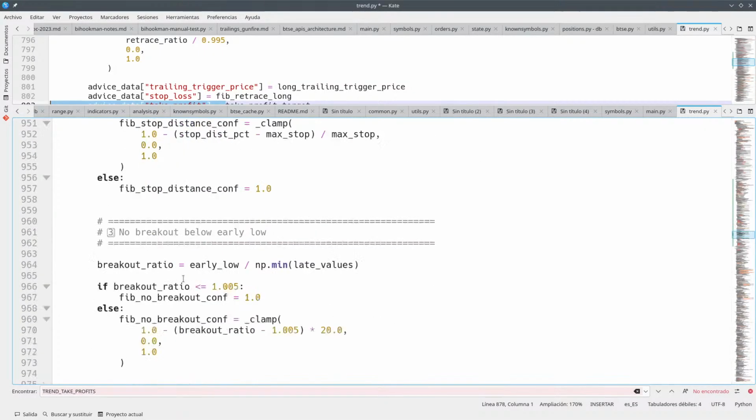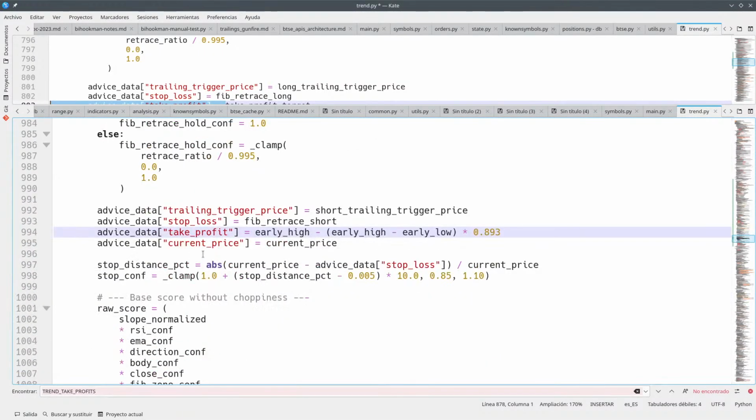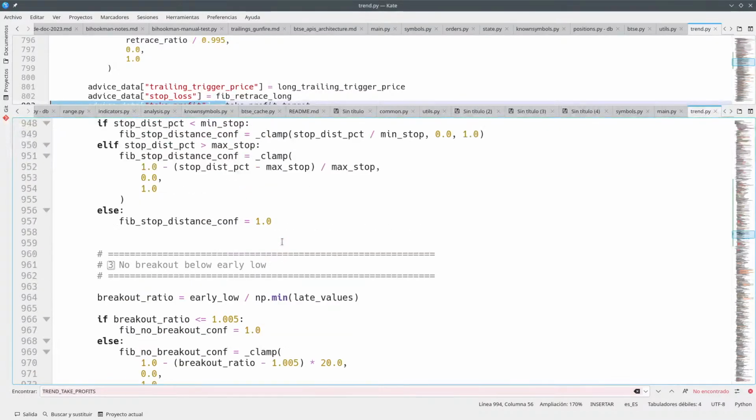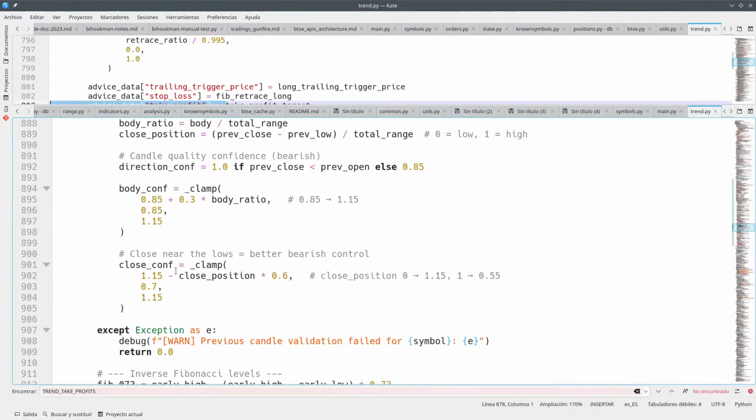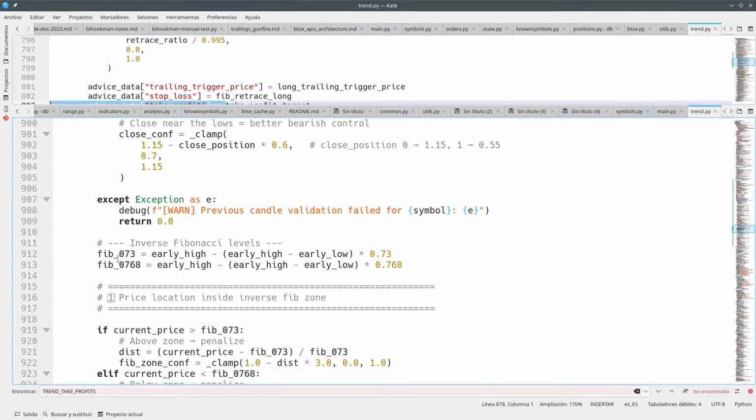Which I maybe need to rethink regarding all of the stuff that, you know, why do we have this thing about 893? Why isn't it anything else? I don't know. I mean, we have some fifth retracement thing that we are using, which is this one here.